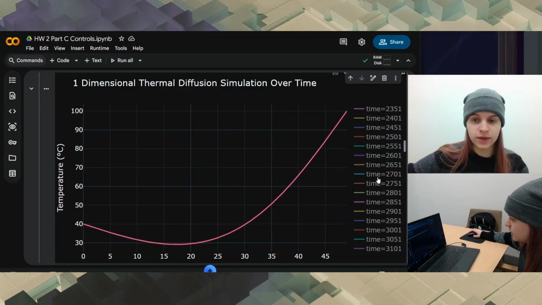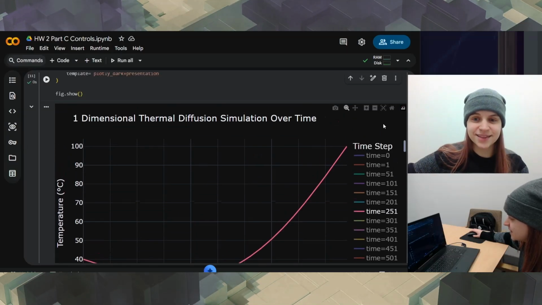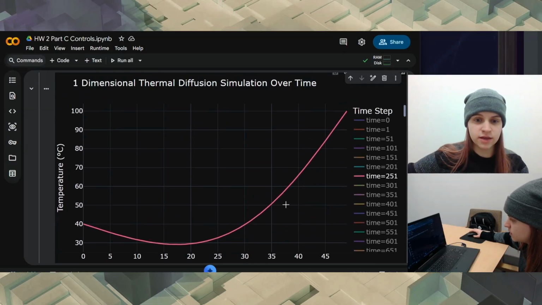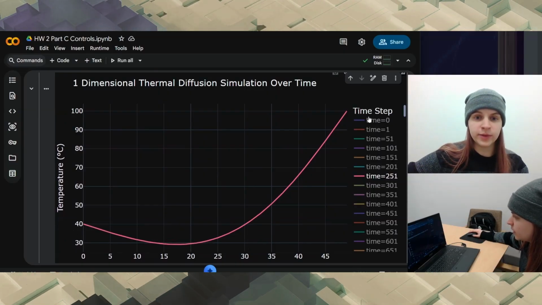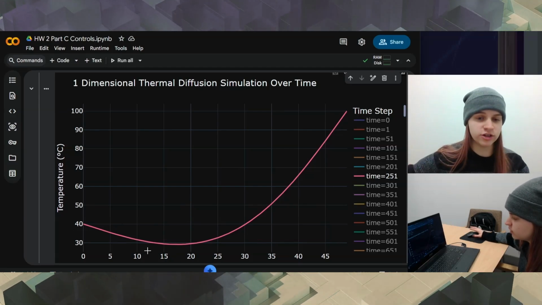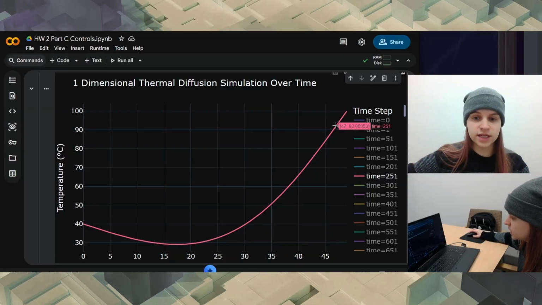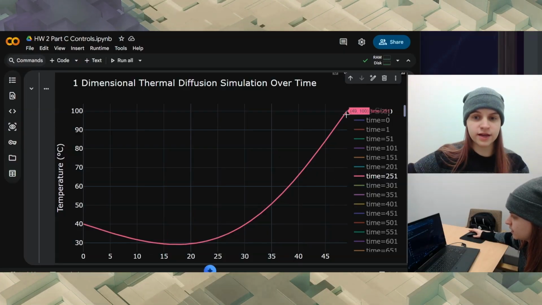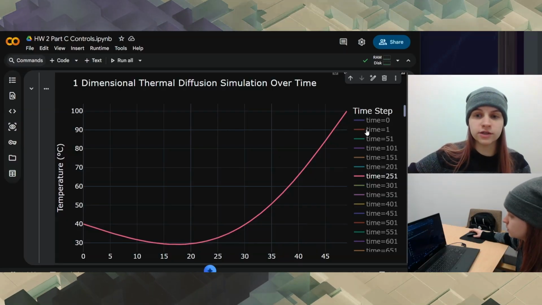And then as we get to later times, that's too far. As we get to later times, you can see how the temperature profile behaves throughout this one-dimensional simplification of a bar. Obviously, it's going to heat quicker on the right side because 100 degrees is a lot hotter than 40 degrees.